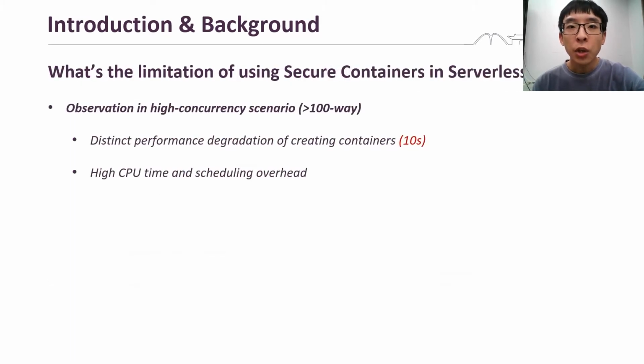So, can current secure containers like Kata meet our requirements? We made an experiment using Kata containers. When starting 100 or more Kata containers concurrently, there is a distinct performance degradation. It may take more than 10 seconds to create a sandbox. The CPU usage and overhead are also significant on the host.